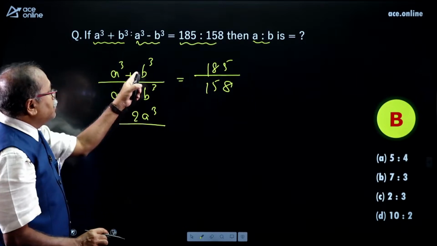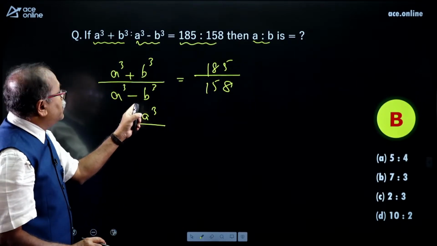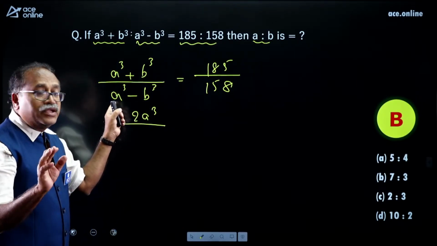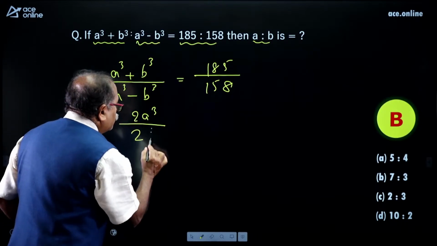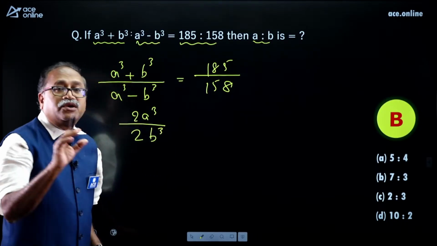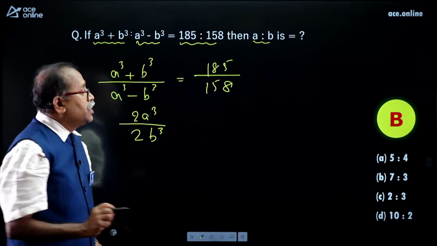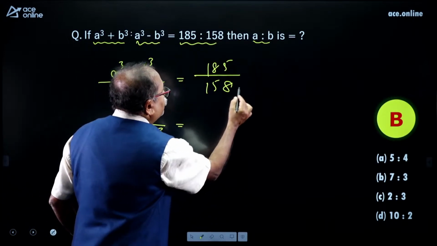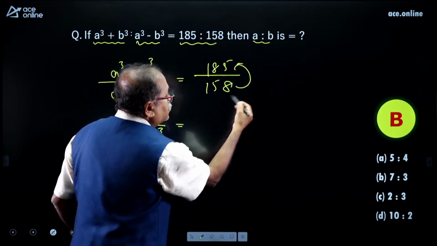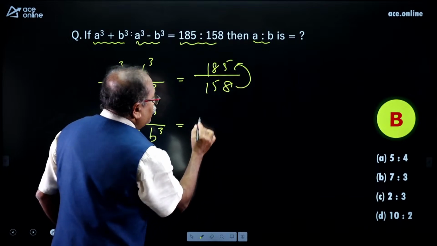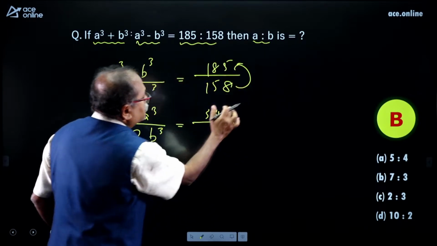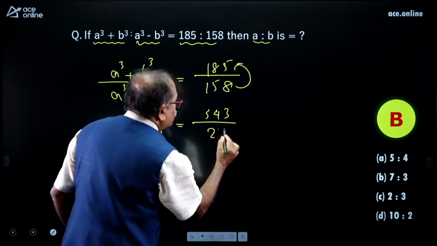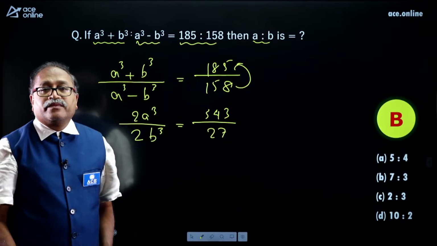And when I subtract over here, then a cube will get cancelled, and I will be left with 2b cube. I applied the componendo dividendo formula. And the same way I will add over here and subtract over here. When I add over here, I notice that this is 343, and when I subtract this one, I am getting this one as 27.